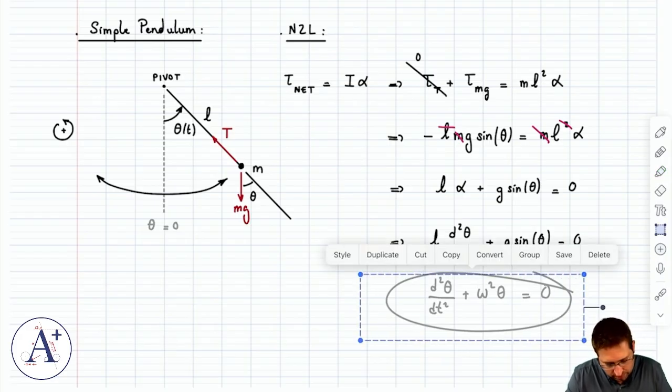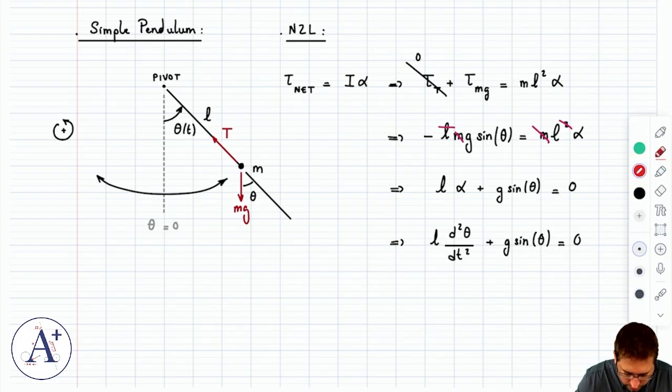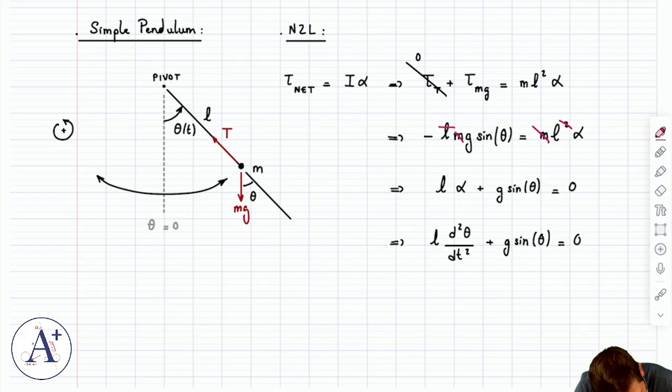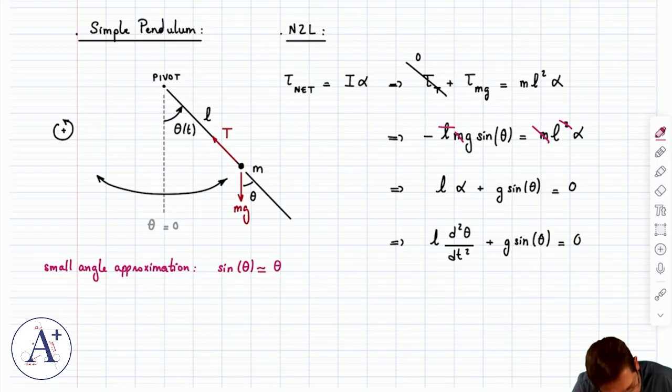And so we fix that and we say, you know what? We will assume that the oscillations occur with a small angle. And the small angle approximation allows me to say that sine of theta is approximately theta, so long, of course, as theta remains very small in front of 1 radian.